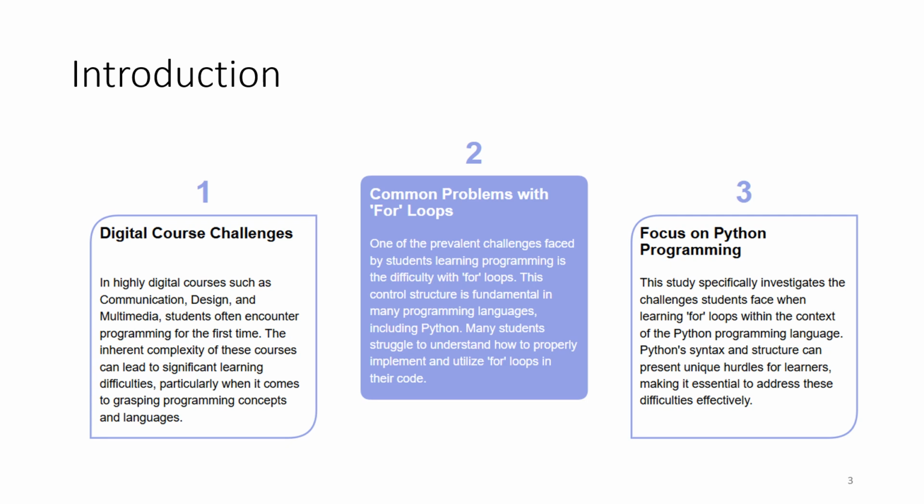In this study, specifically, we investigated the challenges students face when learning for loops in the context of the Python programming language. Python's syntax and structure can present unique hurdles for learners, making it essential to address these difficulties effectively.